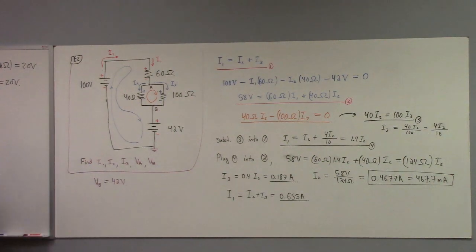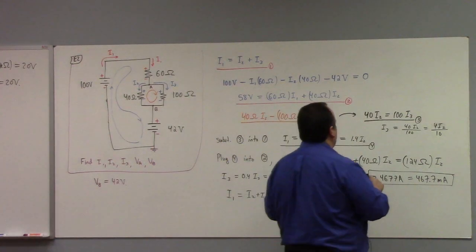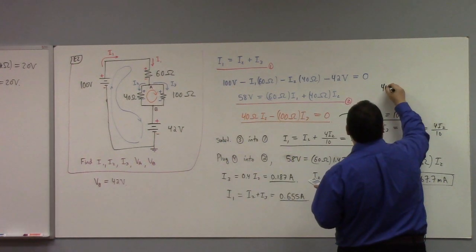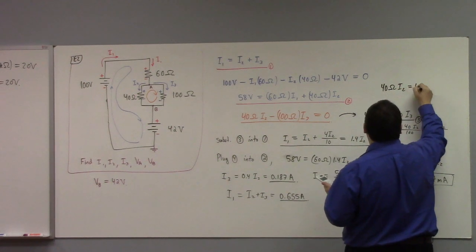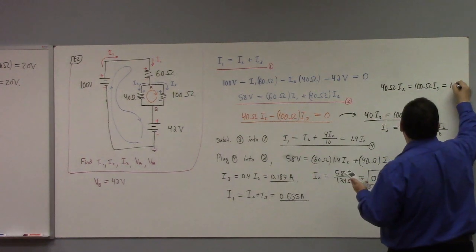Now my question is, does this all make sense? Let's work it out. What's 100 times I3? I think we should get 18.7 volts here.